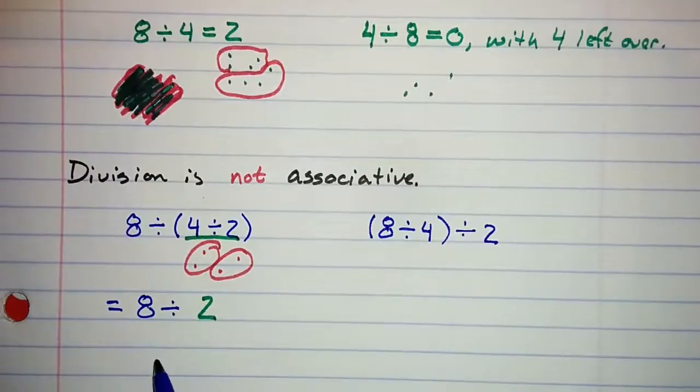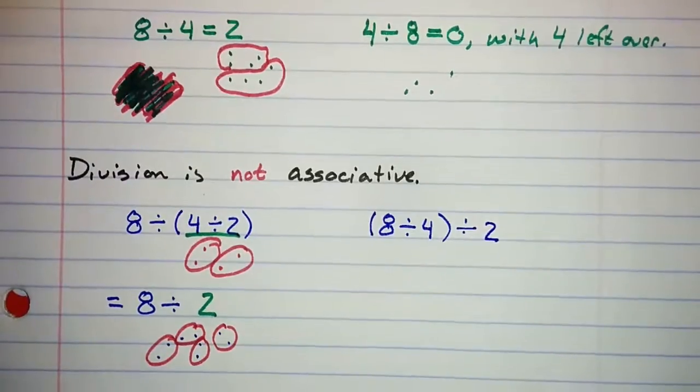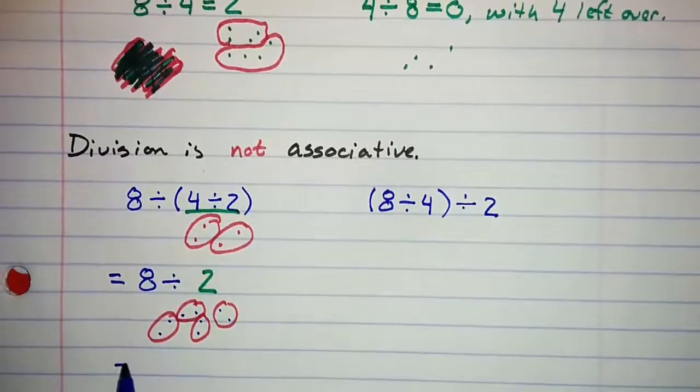So 8 divided by 4 is 2. 8 divided by 2, I have 8 things, and I take away 2 of them, then 2 more, then 2 more, then 2 more, so I get 4 groups. This works out to 4.